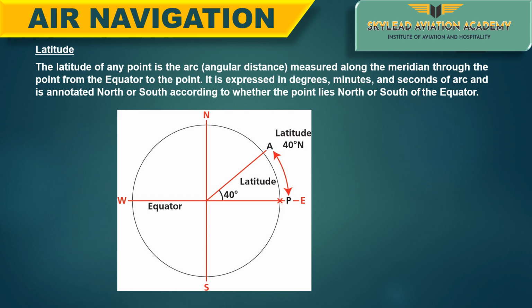It can also be said that A lies on the parallel of latitude of 40 degrees north. The range of latitude values covers the equator, 0 degrees, to the geographical poles: the North Pole is 90 degrees N and the South Pole is 90 degrees S from the equator.